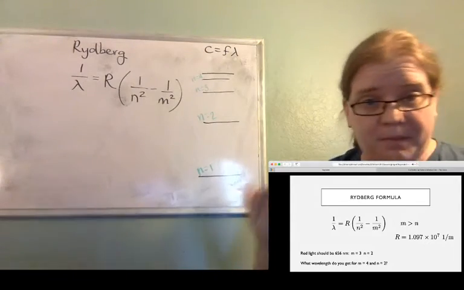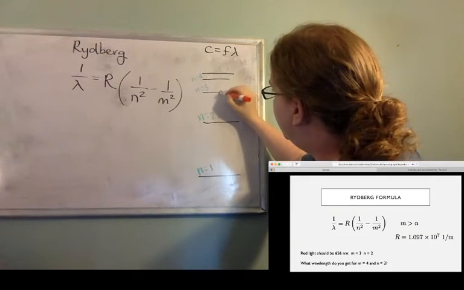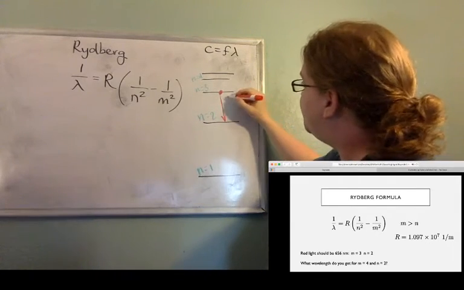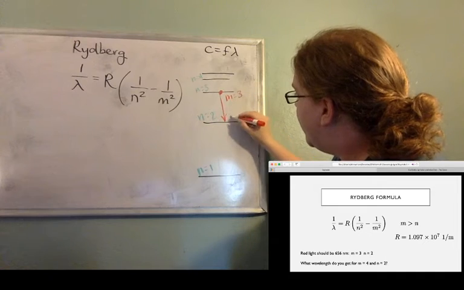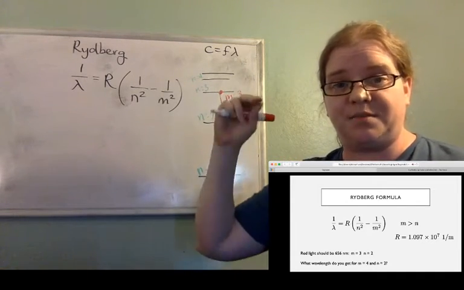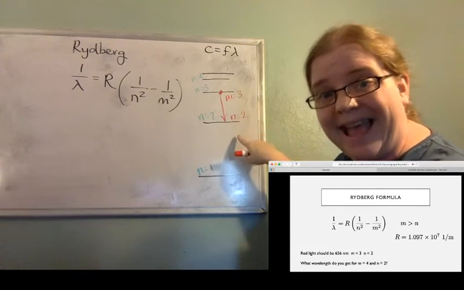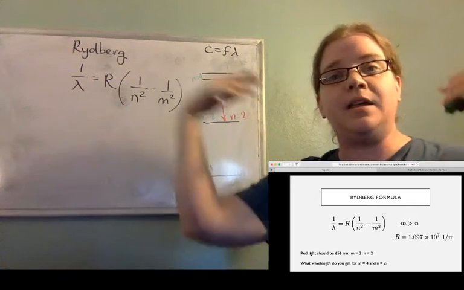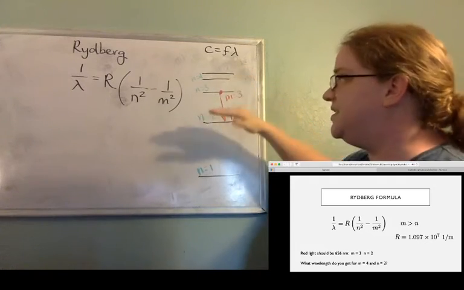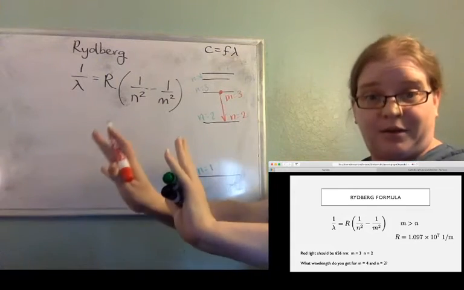So for example, for this one, from 3 to 2, this would be m equals 3, n equals 2. Because m just represents what state you start from. N is where you end up. So m is going to be big, n is going to be small, because we're always going to look at transitioning down, where you lose energy to spit out light.